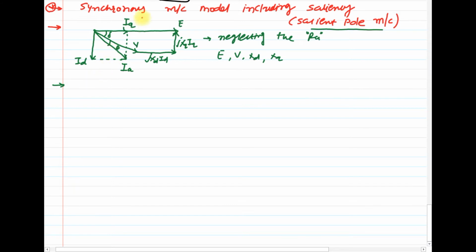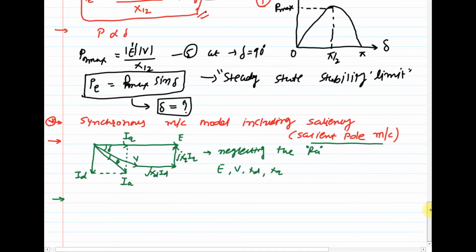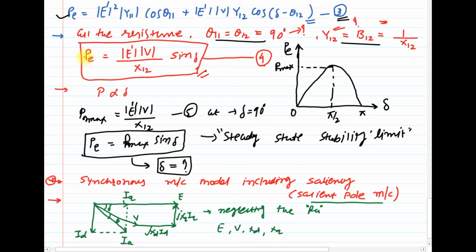Then you have to write the power generated by the synchronous machine with saliency. We know very well the power generated by the cylindrical rotor machine: P is equal to E'V by X12 sine delta.